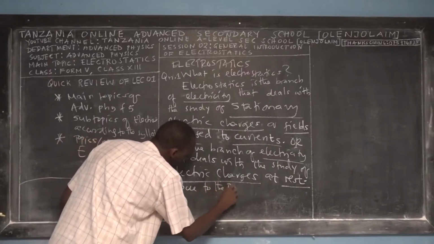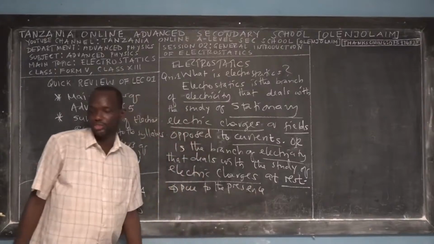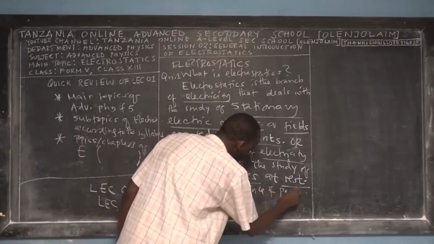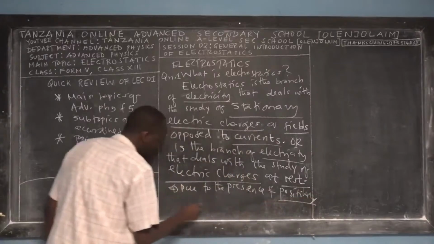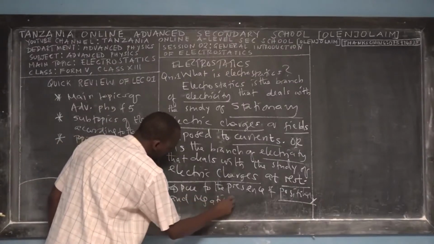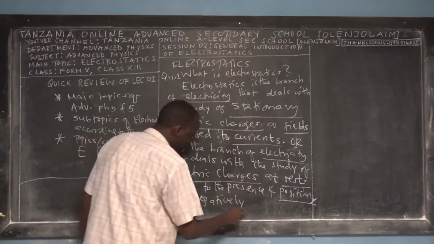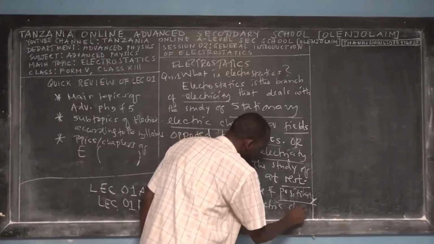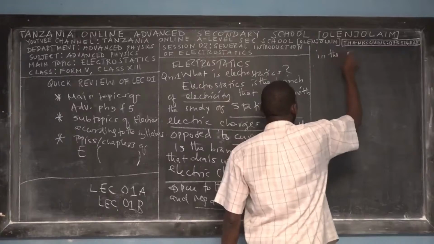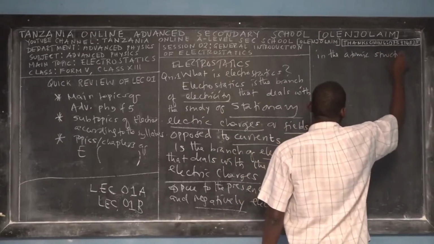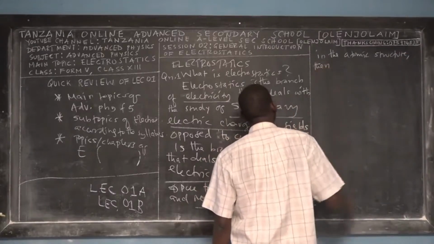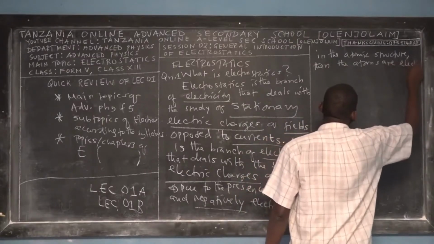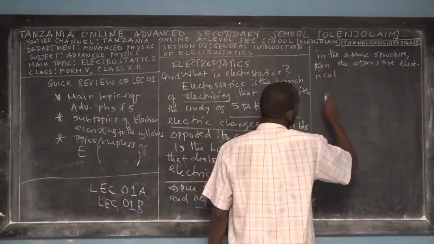So we say that, due to the presence of positively and negatively electrically charged particles in the atomic structure, atoms are electrical in nature.